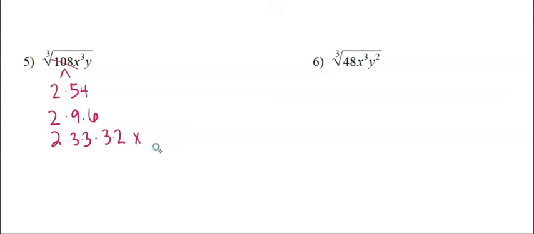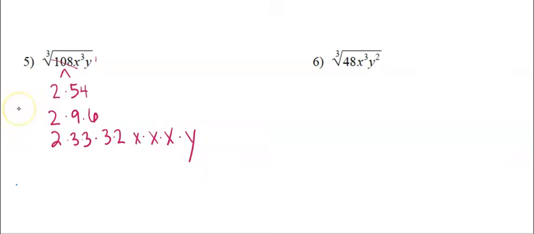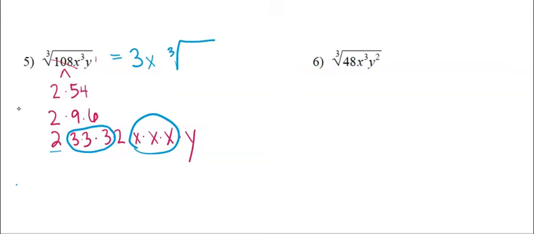I've got 3 x's, and this is just y to the first, so I have 1 y. So we're going to look for triples. I've got triple 3's, triple x's, and then we get 2 times 2 times y. So 2 times 2 is 4, and we still have a y left.